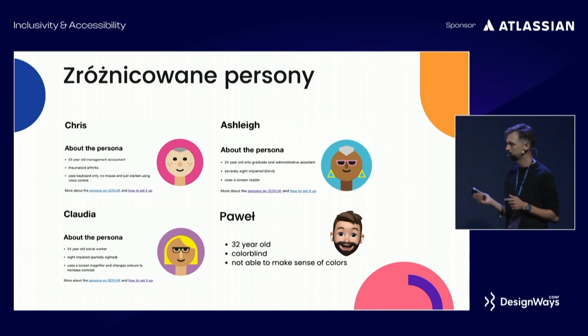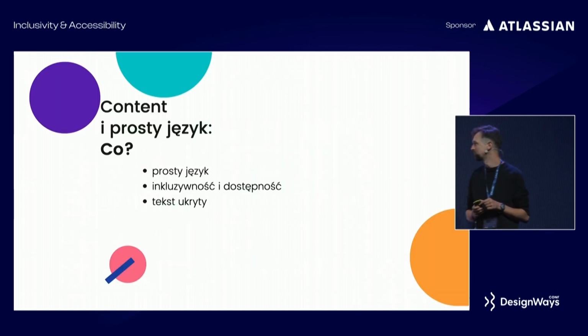You can use personas from Gov.uk, which are ready-made, or you can adapt your personas and expand the range of people with particular features, such as my color blindness. Paweł can be a persona as well: 32, colorblind, not able to make sense of colors. Another thing, my content branch.